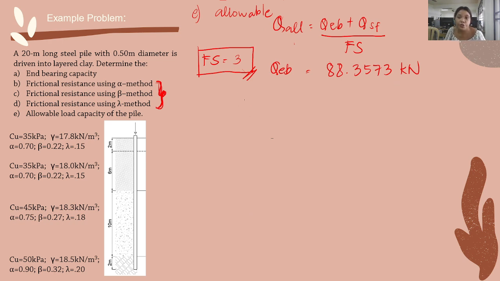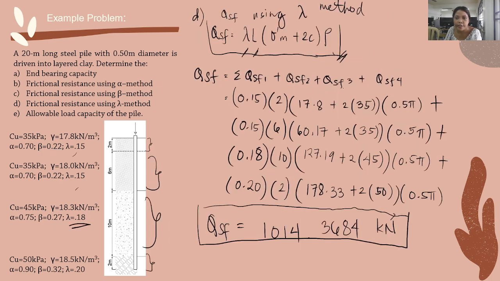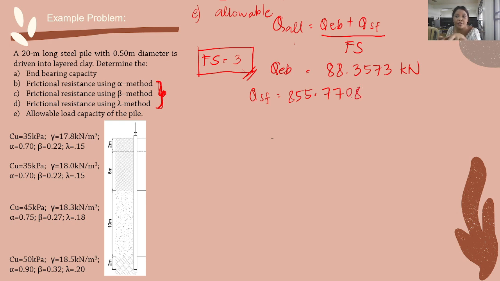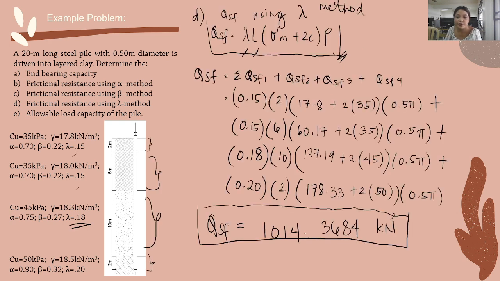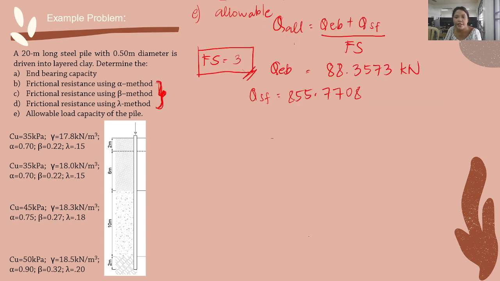I think it is safer to assume kung ano yung pinakamababa nating nakuha. Kasi at that bearing capacity or that frictional resistance, mababa pa siya as compared dun sa iba. So, kapag na-loadan siya ng automatically 855.77, mari-resist pa niya yung ganyang load. Kesa naman dito sa 1014.3684, inaantay mo pang ma-attain niya yung 1,014 kilonewton na load bago siya mag-carry talaga.